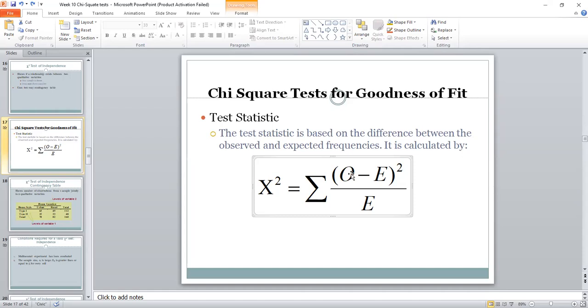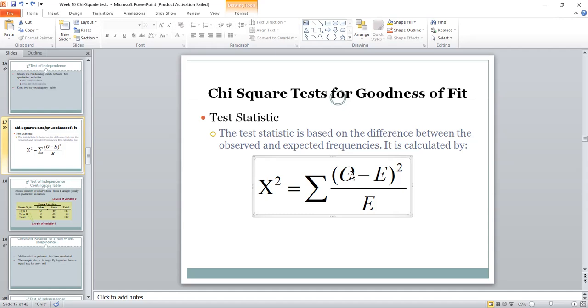Contingency tables of observed frequencies and corresponding expected frequencies. That's the technical name of those frequency distributions.